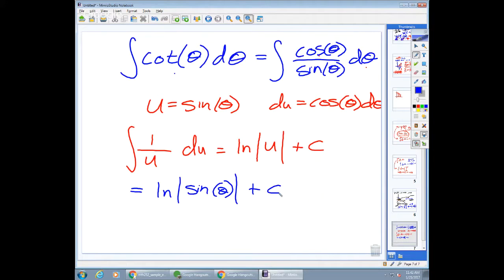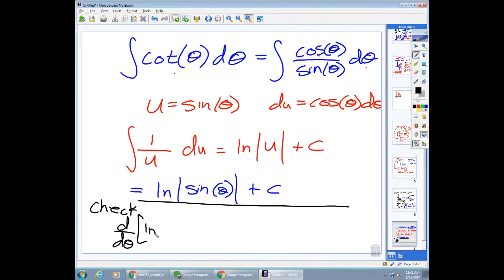I would check, right? If you have time on the test, check everything you can. So what I would do here is just double check. Is it true that the derivative with respect to theta of the natural log of the absolute value of the sine of theta, forget about the plus c, is it really equal to our cotangent?